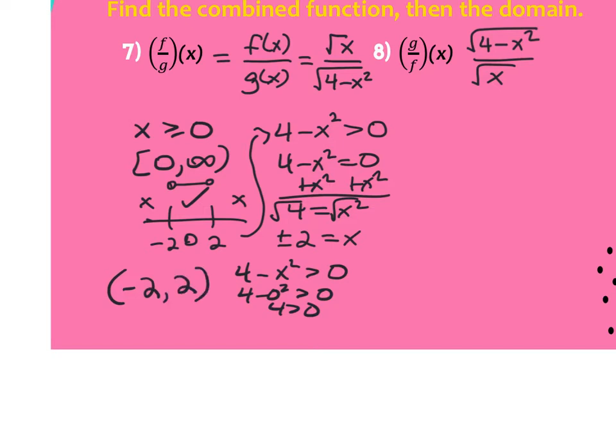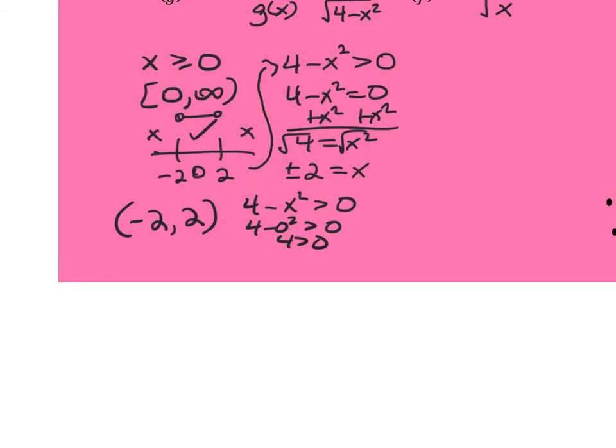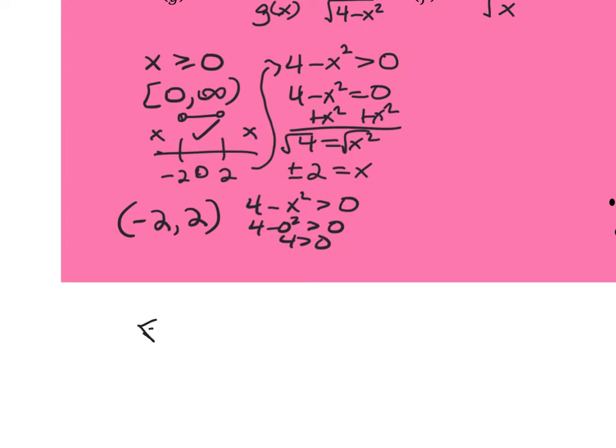Now, the domain for the composite, now I have to take the numerator and the denominator, put it together because it's the intersection of the two domains, restrictions. So here's my number line, -2, 0, 2.